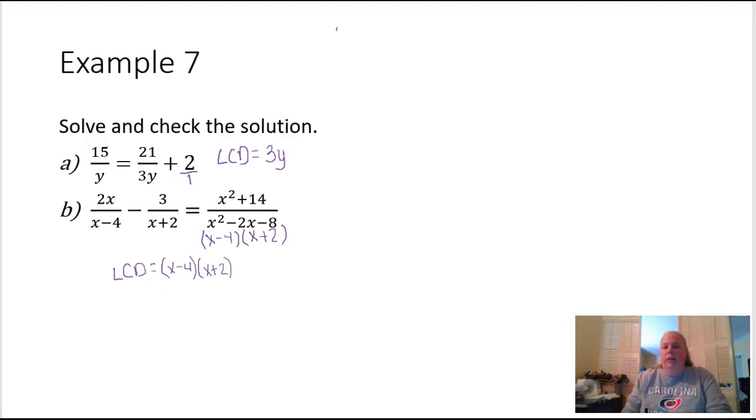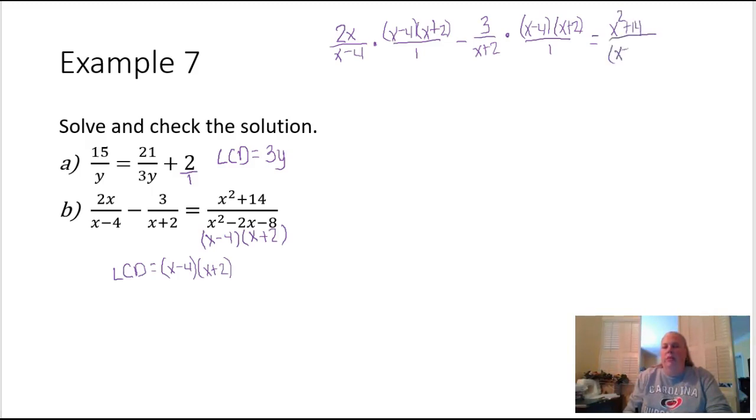So that's going to give me 2x over x minus 4 times x minus 4 times x plus 2 over 1, minus 3 over x plus 2 times x minus 4 times x plus 2 over 1, equals x squared plus 14 over x minus 4 times x plus 2, times x minus 4 times x plus 2 over 1.